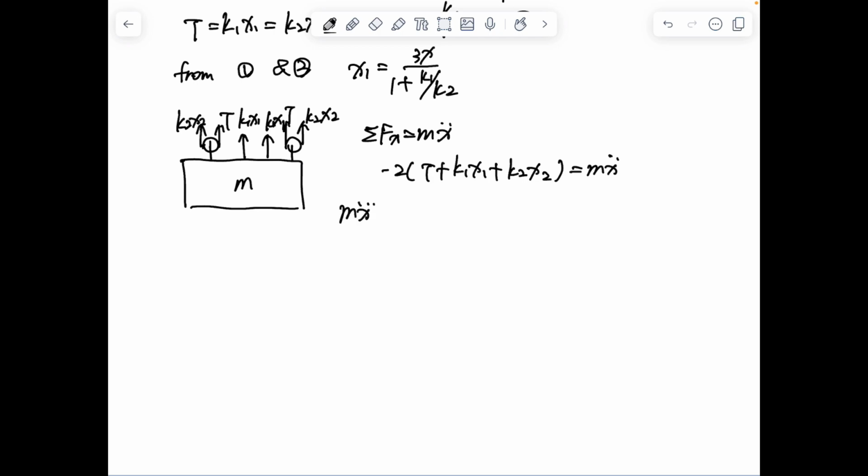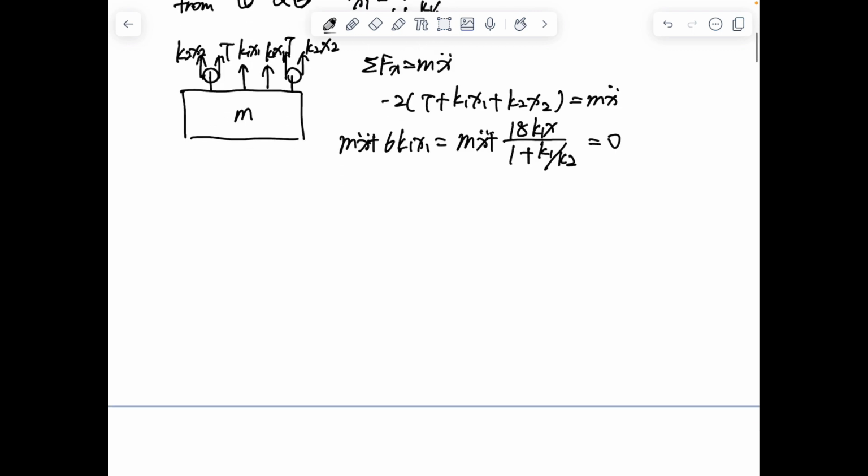Then m x double dot plus 6 k1 x1 is equal to m x double dot plus 18 k1 x over 1 plus k1 over k2, which is equal to 0. Then we have its equation of motion: x double dot plus 18 k1 k2 over m times (k1 plus k2) times x is equal to 0.